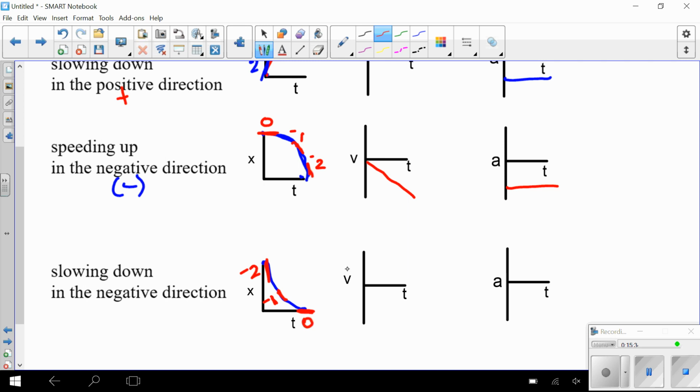So what we have going on for our velocity graph is a velocity of something like -2 going to 0. If you're in the negative direction, your velocity graph will always be in this negative quadrant. Now, the slope of this is positive and constant, which tells us I have a positive constant acceleration.